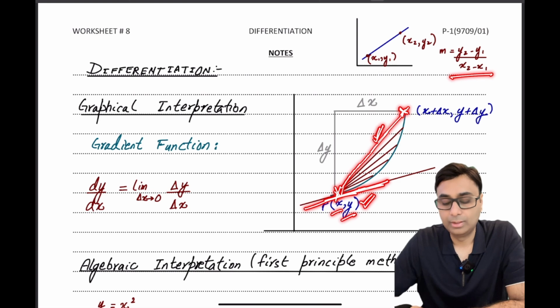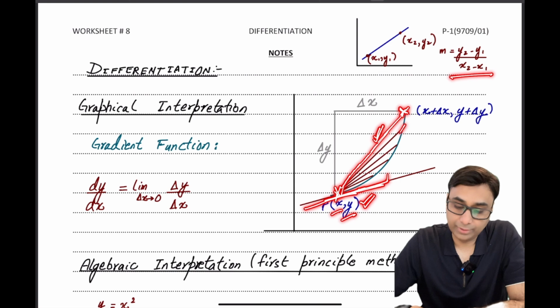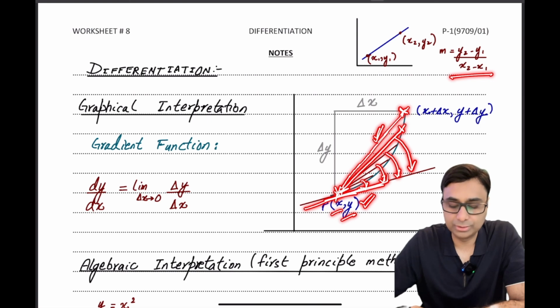You can clearly see that the gradient of this line segment is a lot different from the gradient of the curve. But one thing you will notice is that if I take these points closer together, then this gradient keeps on getting closer and closer to the gradient of the curve. If I take 2 points which are barely separated from each other, very close together, and find out the gradient using those 2 points, that will be the gradient of the curve.